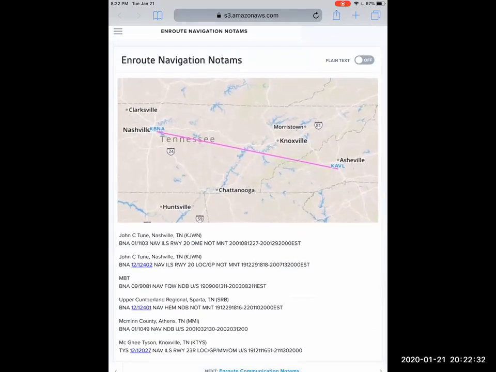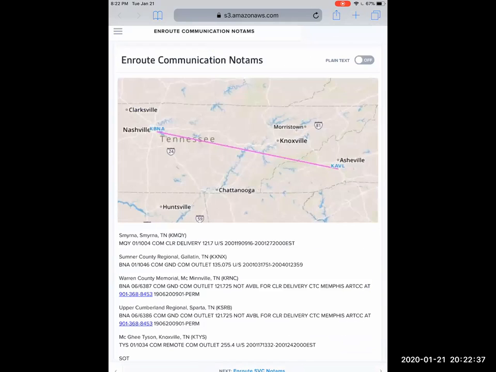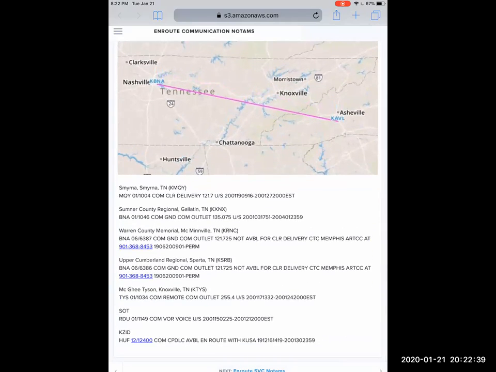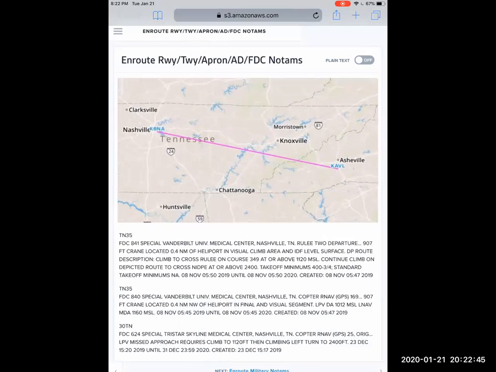You've got a section on en route navigation NOTAMs. You've got a section on en route communication NOTAMs, service NOTAMs, airspace NOTAMs, all the different types of en route NOTAMs for any runway, taxiway, apron, aerodrome, or flight data center NOTAMs for any airport along your route of flight.